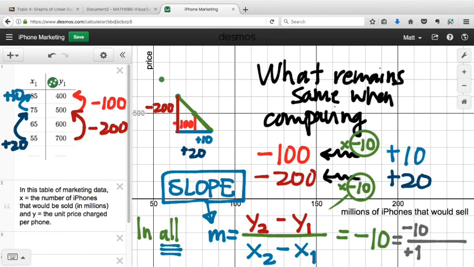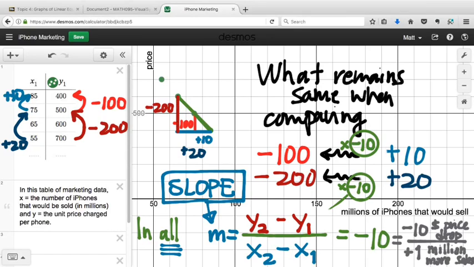And so negative 10 means I drop the price by $10. And my denominator are the x's. Those are the quantities of iPhones that I would sell. And so there I would interpret this to mean 1 million more sales. And so that's the practical import of that number negative 10.